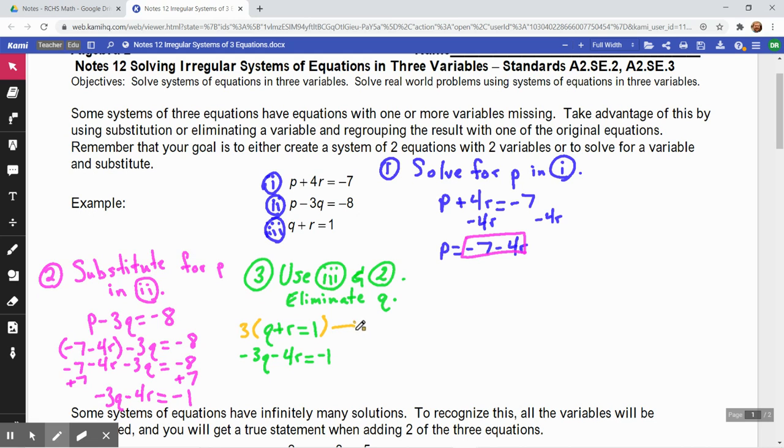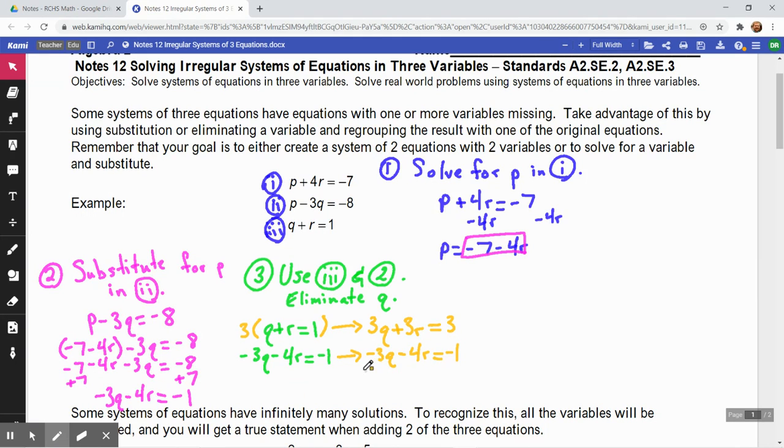Okay. And so when we do that, this is going to end up saying 3Q plus 3R equals 3. We don't need to change the second equation, which will say negative 3Q minus 4R equals negative 1.